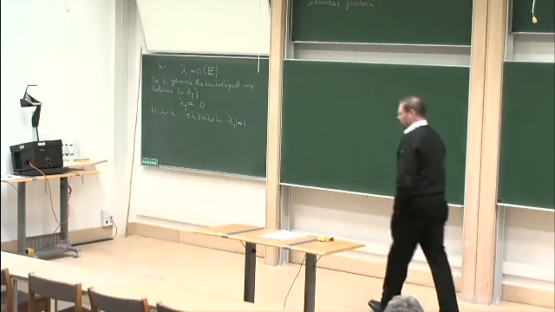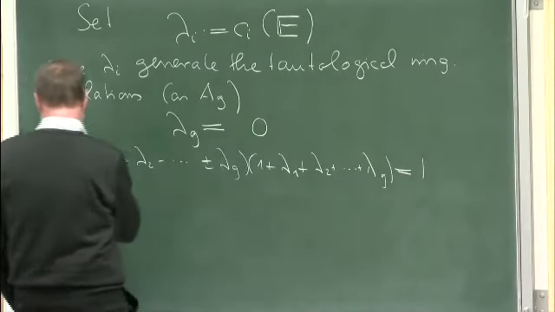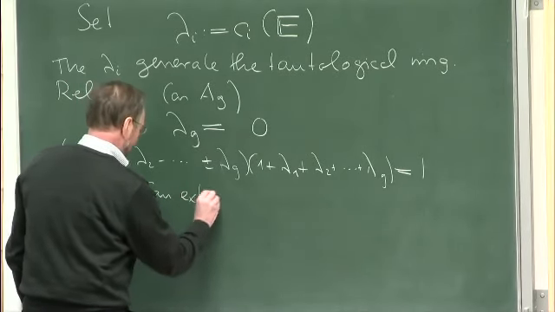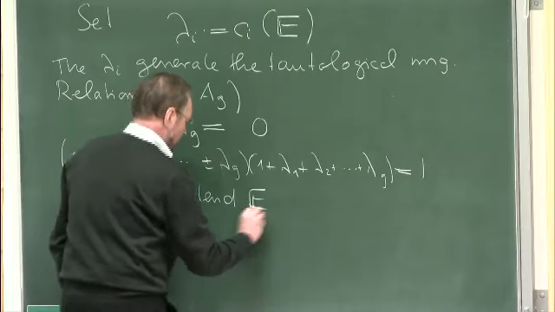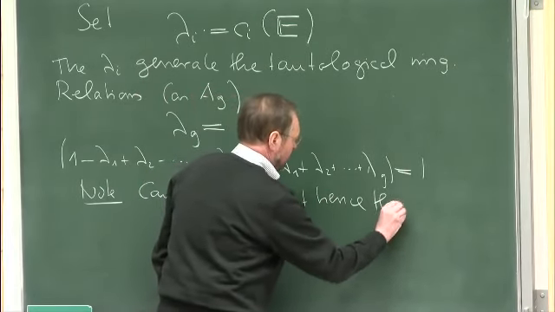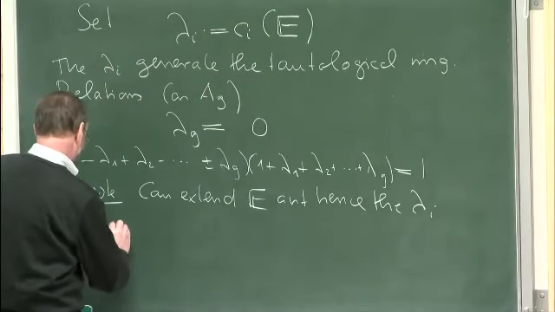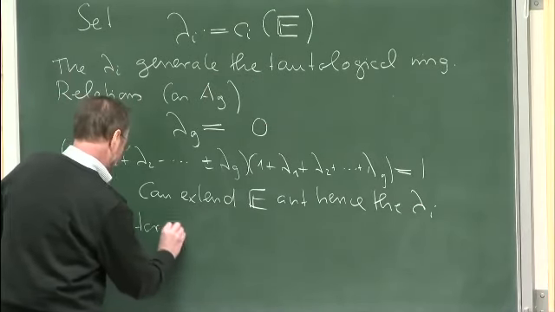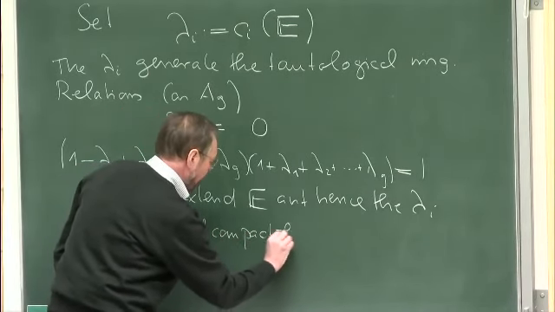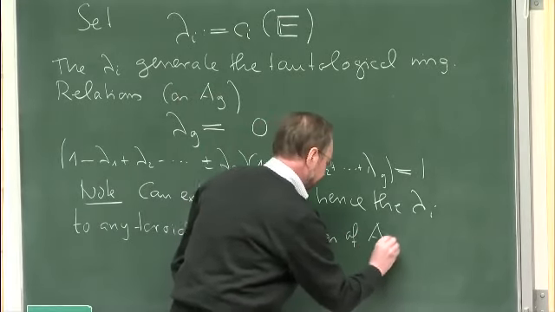Okay, and what we also note is we can extend E, and hence the lambda i, to any toroidal compactification of Ag.